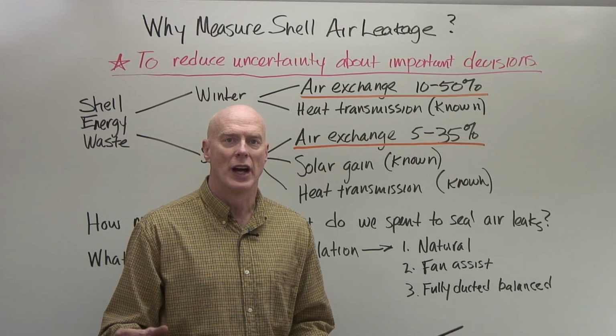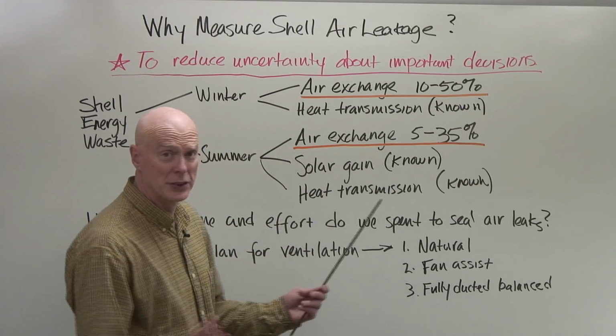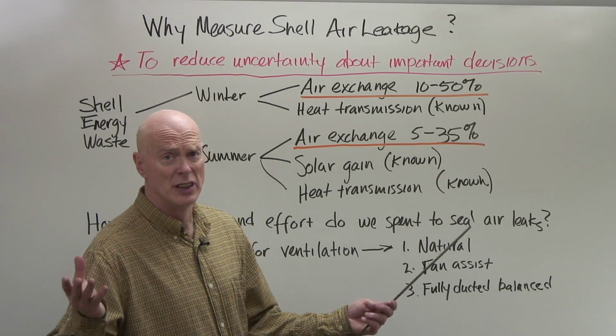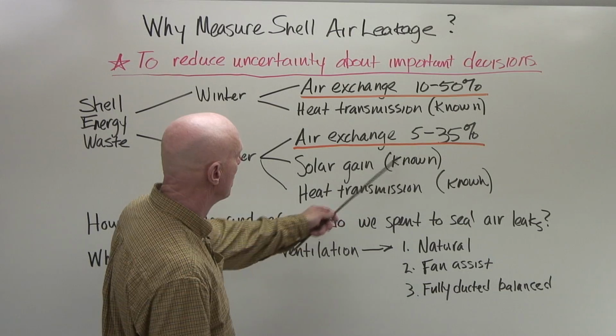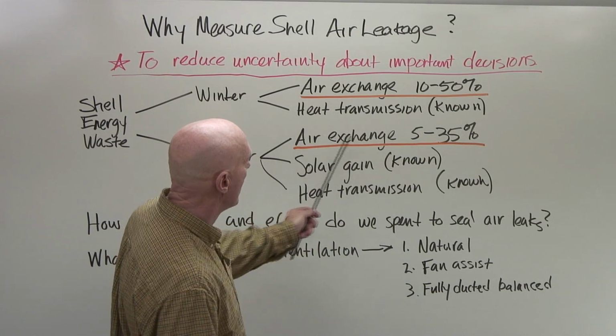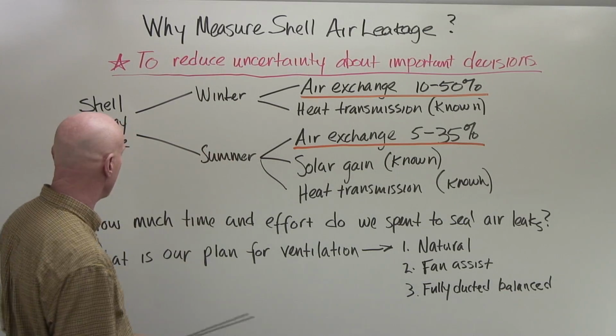We pretty much know that. We can look that up in tables. Heat transmission, again, if you know the R value per inch and how many inches of material, that's known. So both of these are known. We're trying to get more information about this unknown. We're trying to reduce uncertainty.